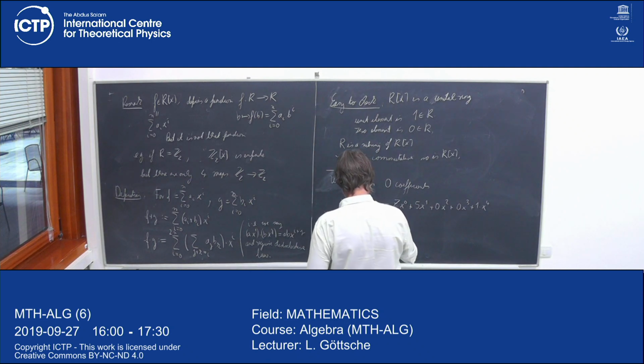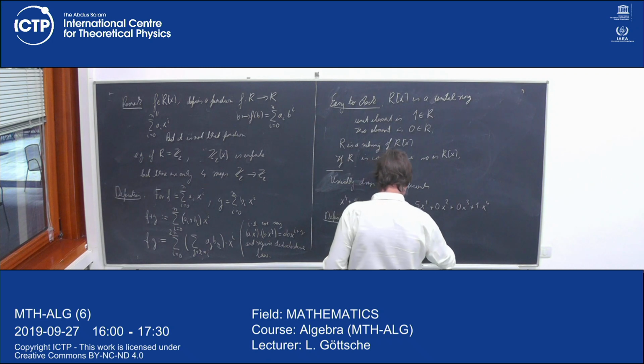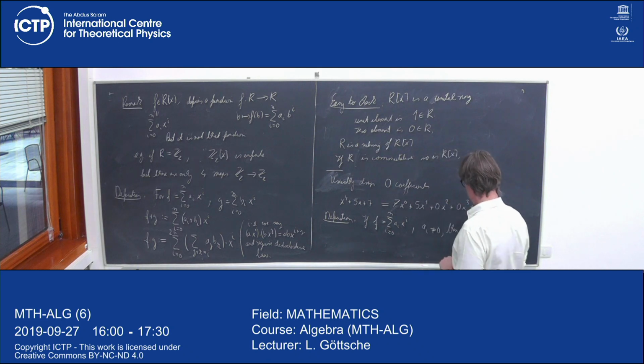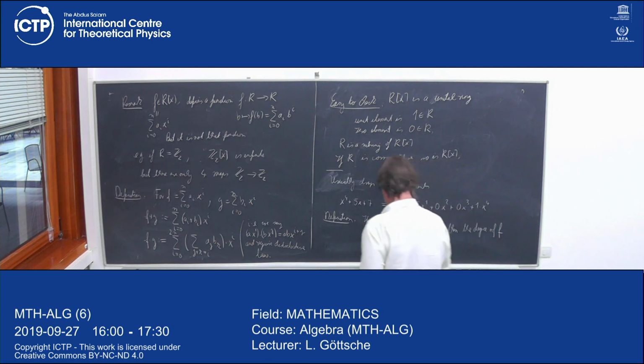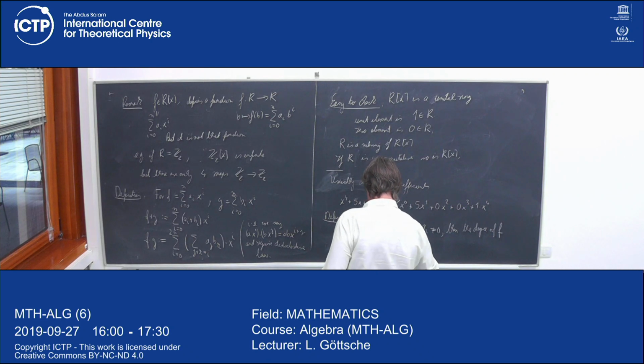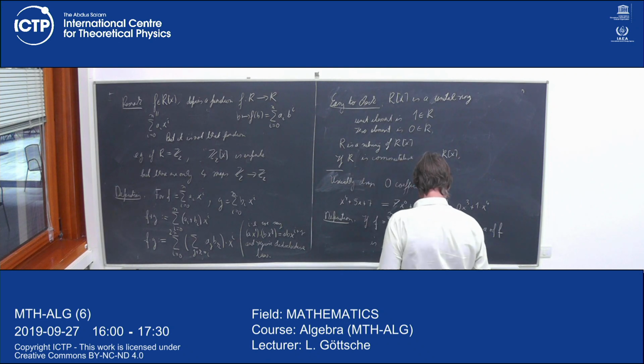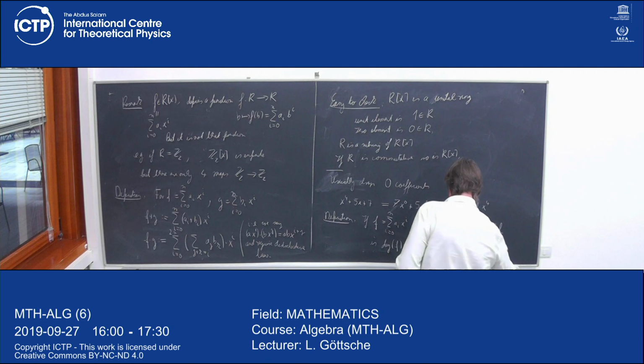If f equals the sum i=0 to n of a_i x^i with a_n different from 0, then the degree of f is n, and a_n is called the leading coefficient.